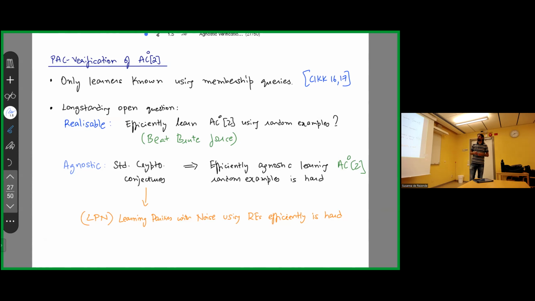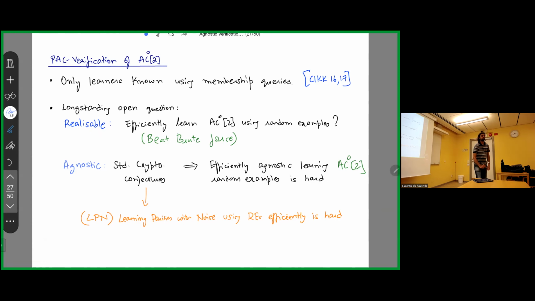So without a prover, this class has shown a lot of resistance towards learning using random examples. But suddenly, if you want to verify this, you can actually do so using quasi-polynomial random examples. So there's a gap between verification and actual learning in a significant way once again.